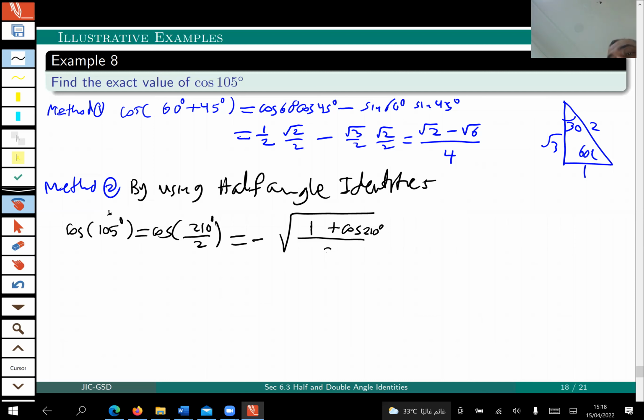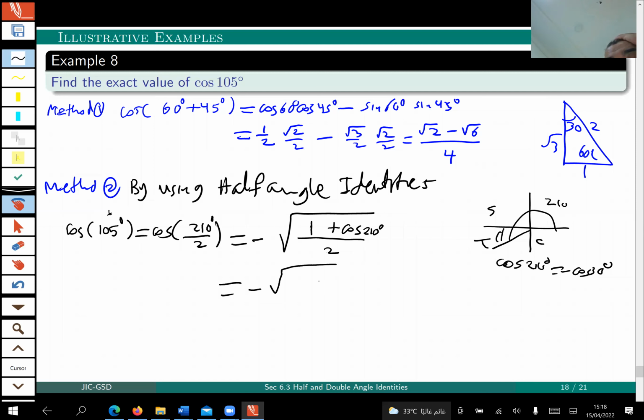Again, reference angle theorem: the reference angle of 210 is 30 degrees, so cosine 210 is negative cosine 30 degrees. So that is basically equal to negative square root of (1 minus cosine 30 degrees) over 2, and cosine 30 degrees, if you remember, is root 3 over 2.